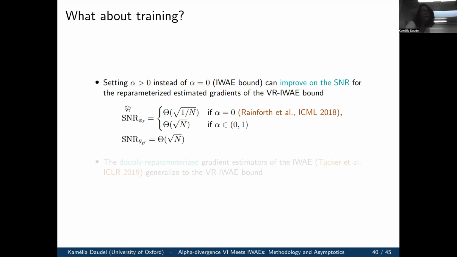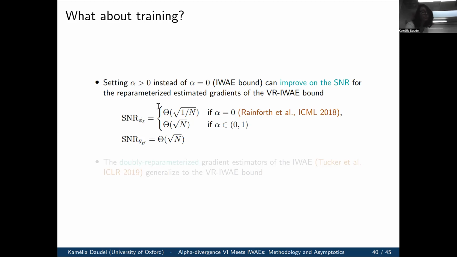The first insight, if you're a bit familiar with the literature, is that if you play with alpha, you will be able to improve the signal-to-noise ratio of your reparametrized estimated gradient. I don't know if anyone's familiar with this. No? Basically, signal-to-noise ratio is a way to measure the quality of your reparametrized gradient estimators.